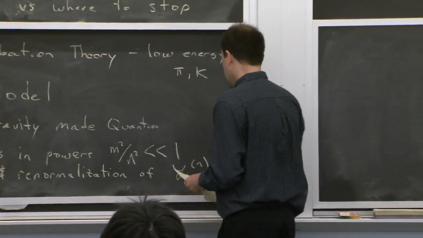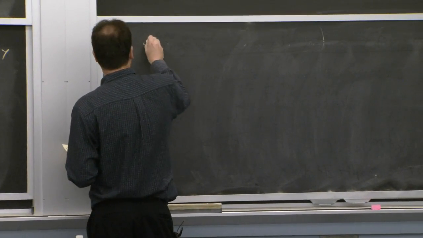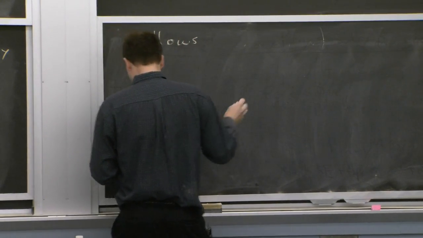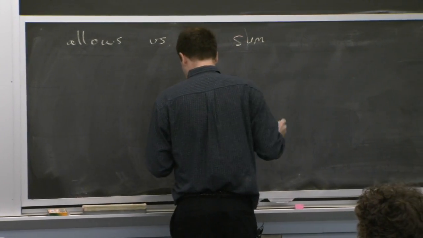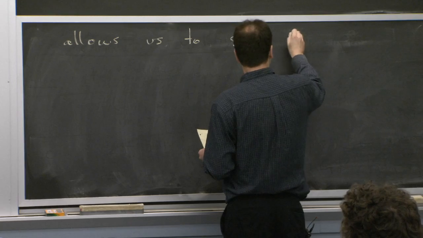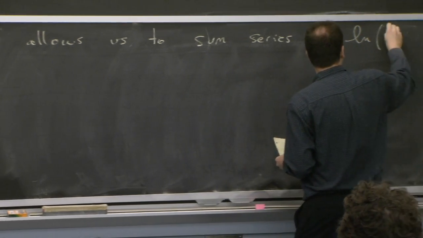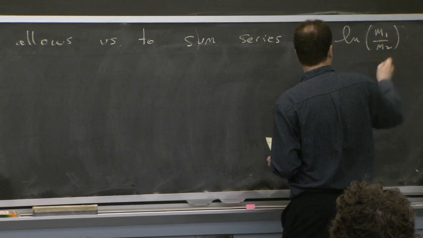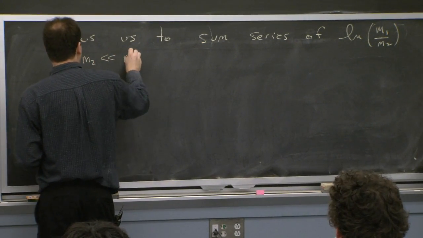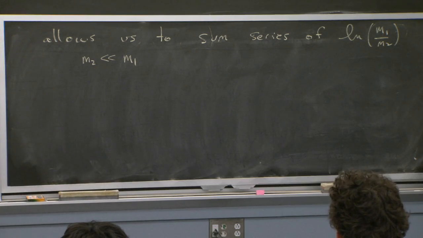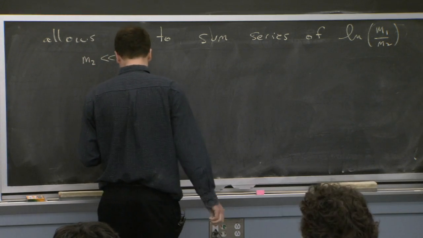Logarithms can be tied to the renormalization of the low energy effective theory. So often, just the power counting and the renormalization of the low energy theory will allow us not only to calculate the logarithms, but to think about summing up infinite series of those logarithms.